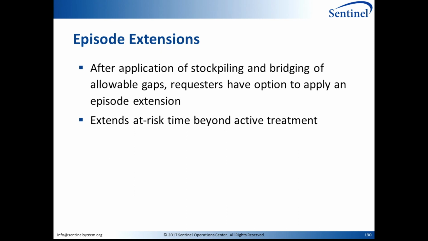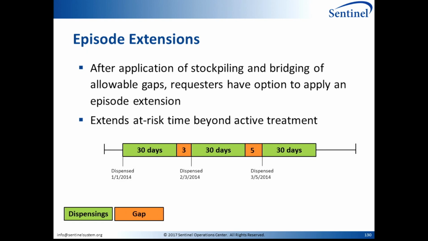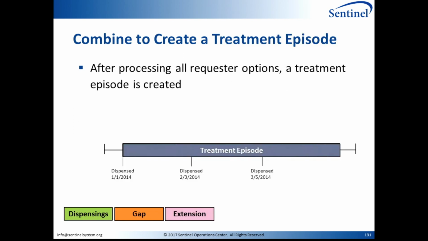We have to decide when to count you for being at risk, and that's what we think of as our exposure extension. And so we add a piece on to the end of the last dispensing and say we still think you might be at risk for experiencing this outcome of interest at that point in time. All of these pieces together, the actual dispensings, the gaps, and the extensions, you compile them all, and that is what we call a treatment episode.